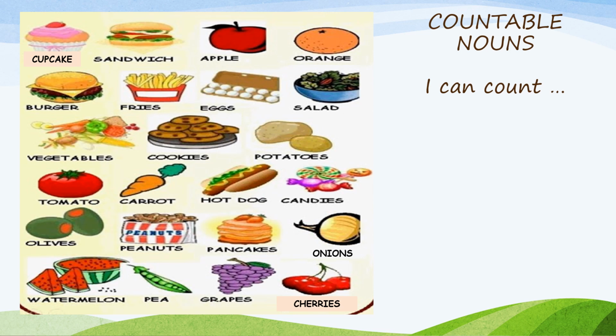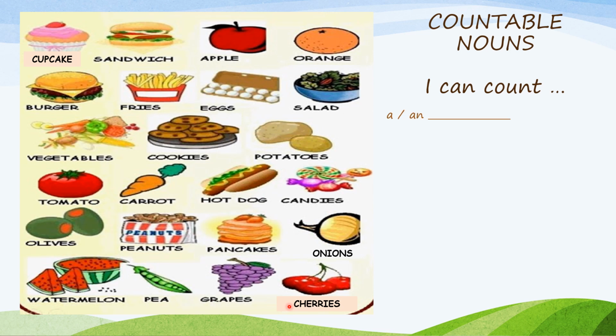So for example, we have cupcake, sandwich, apple, orange, burger, fries, eggs, salad, vegetables, cookies, potatoes, tomato, carrot, hot dog, candies, olives, peanuts, pancakes, onions, watermelon, pea, grapes, cherries. Alright, so these are the food that you can count.